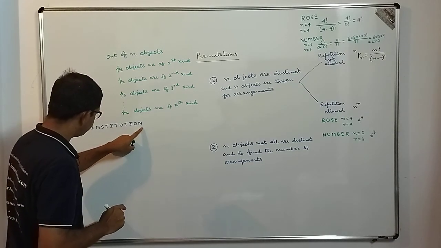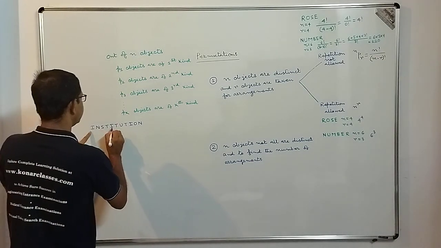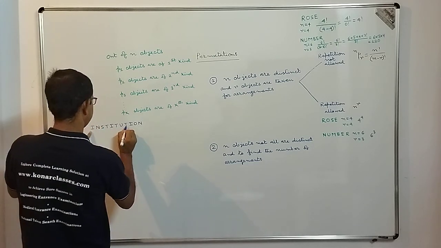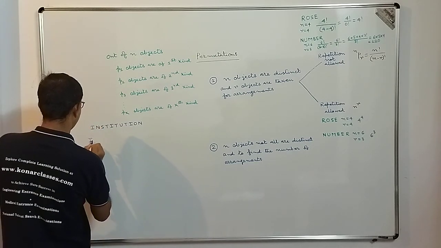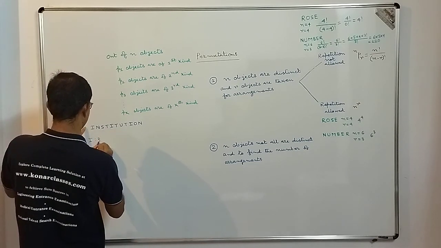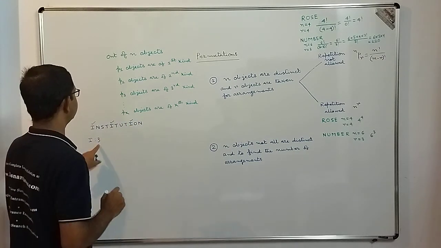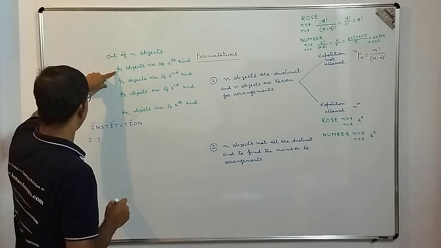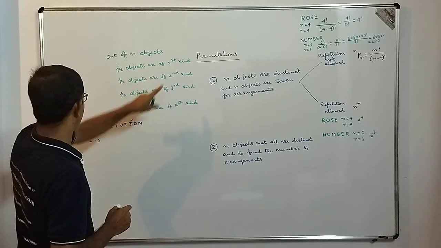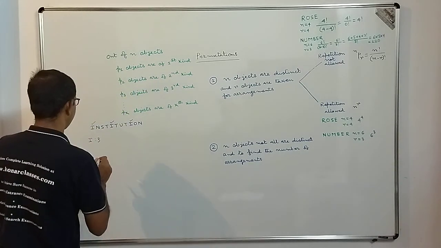If you notice the different letters of this word, the I has come 3 times, here 1, here 1, and here 1. That means we can say that 3 objects are of one kind, the I kind.